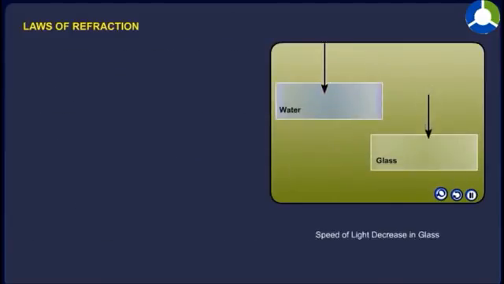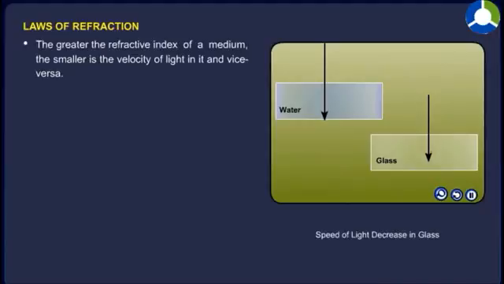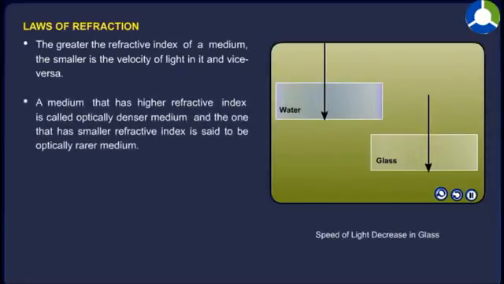Laws of refraction. The greater the refractive index of a medium, the smaller is the velocity of light in it, and vice versa. A medium that has higher refractive index is called optically denser medium, and the one that has smaller refractive index is said to be optically rarer medium.